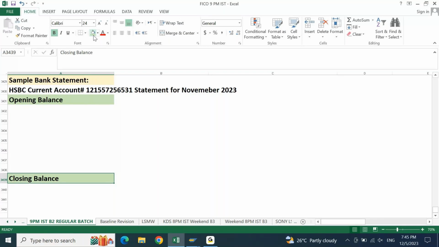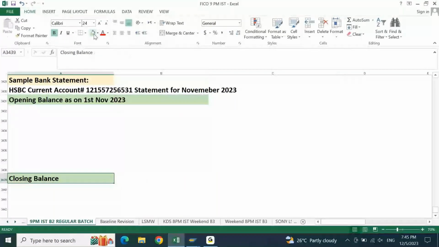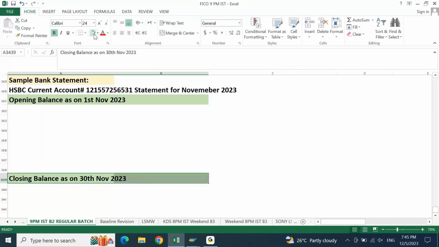If you are looking at a bank statement for November 2023, opening balance is the balance as on 1st November 2023. This will be your opening balance date. And closing balance is as on 30th November 2023.